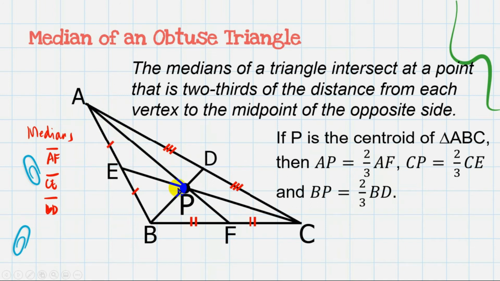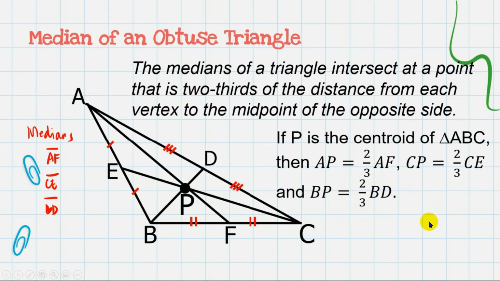Again, from vertex to centroid. Ganun din yung CP. So, from this vertex to point P is 2/3 only noong kabuuan, which is yung median CE. And same din dito sa last natin na median, median BD. 2/3 lamang na line segment BD itong line segment BP.